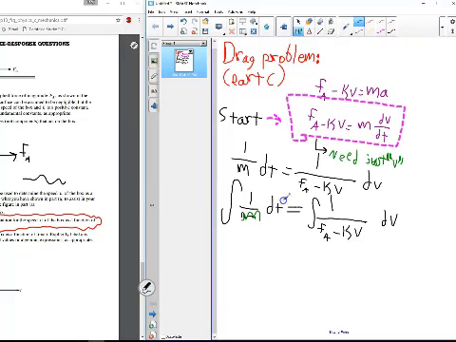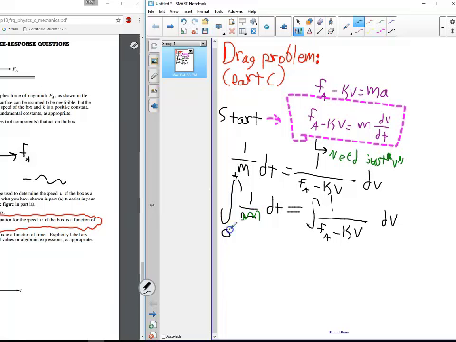We're trying to get v by itself, correct? And before we even do anything, when you're integrating like this, you want to make sure that you have your boundaries set. So when you're looking at time, when you're taking the integral over here, I'm just going to go from 0 to t. It's pretty self-explanatory.